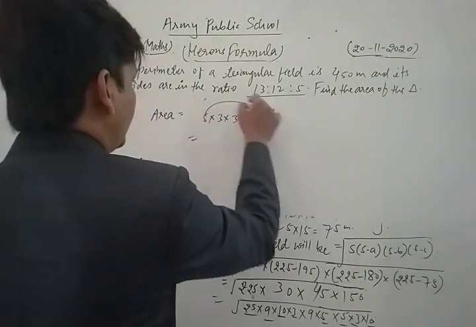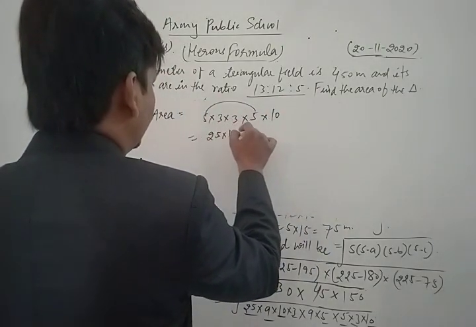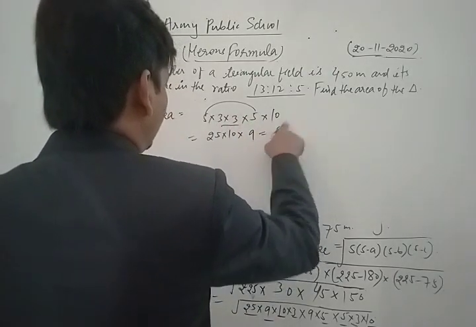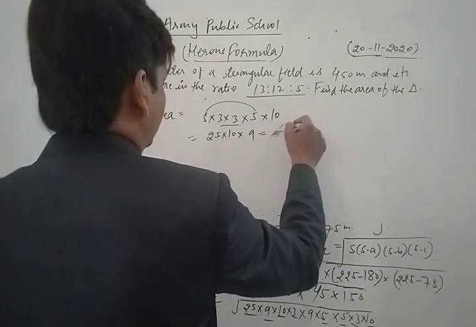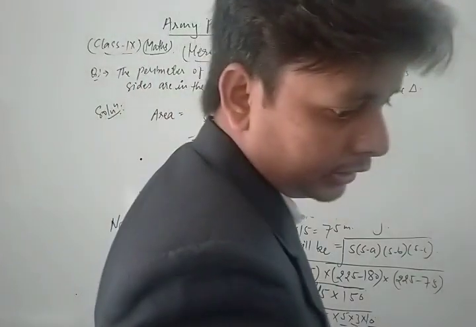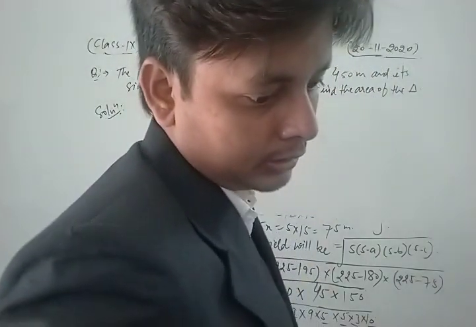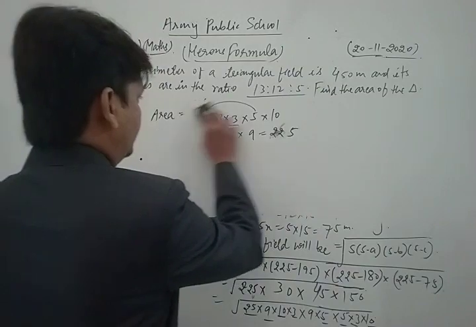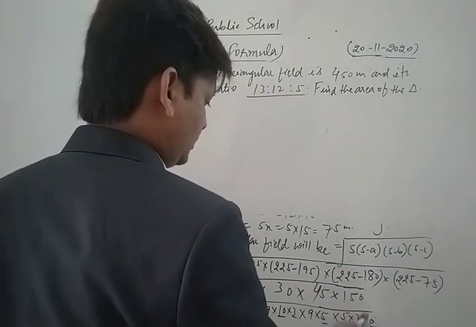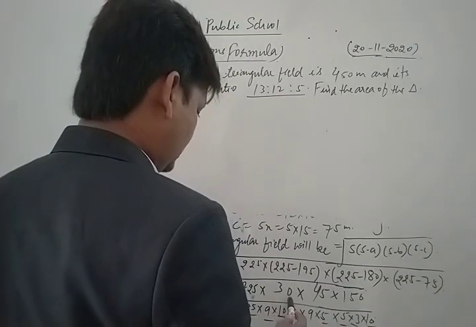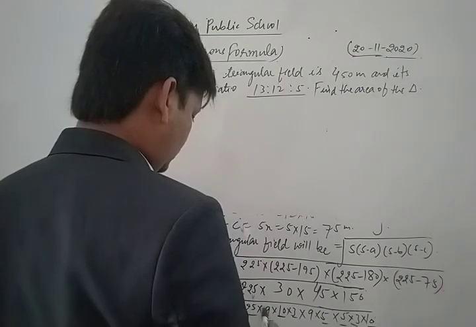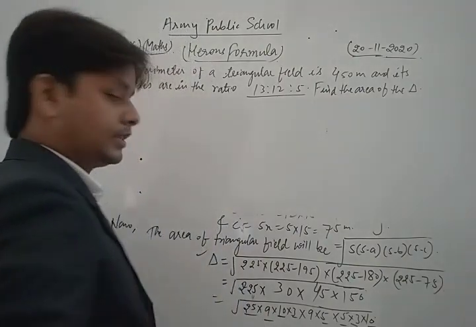So we get 5 into 5 into 10 into 3 into 3.